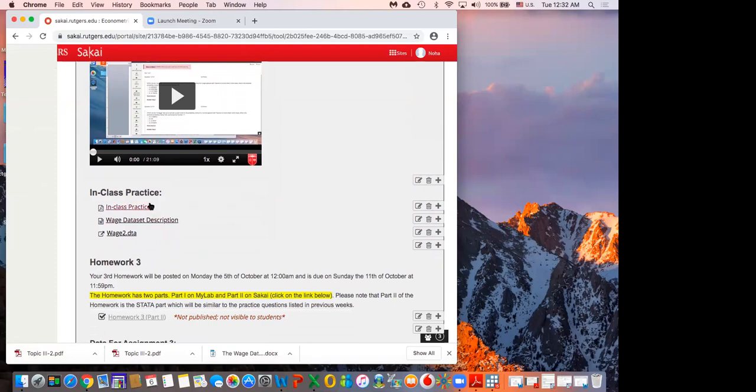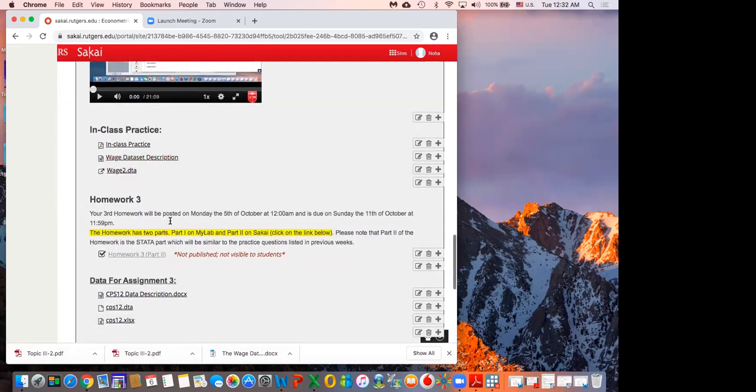You have a PDF file with the questions, the data that you will need to use, and the data description, because each data set has its own description. You will need to read the description before you start working on the questions. This is the same with the homeworks, exams, and any Stata application.